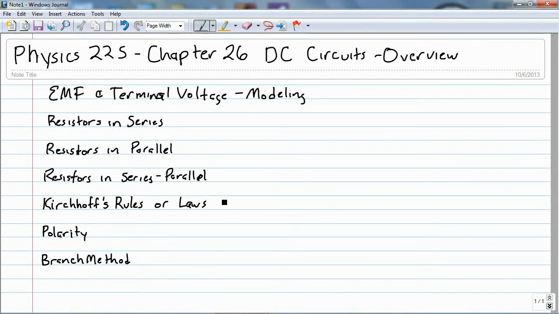And after we do the branch method, we'll talk about series and parallel EMFs or battery sources.